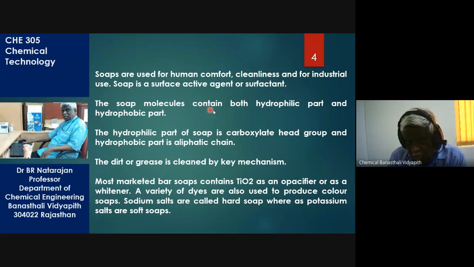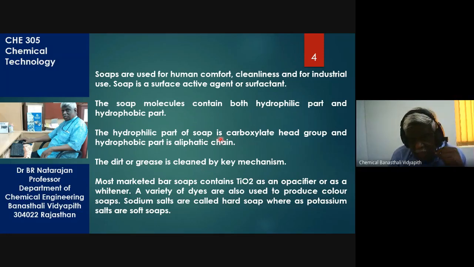Every soap molecule has a hydrophilic part and a hydrophobic part. You know the meaning. Hydrophilic means water friendly, hydrophobic means water enemy. Right? The hydrophobic part of the soap molecule will turn its face away from water, whereas the hydrophilic part of the soap will put its face towards the water.